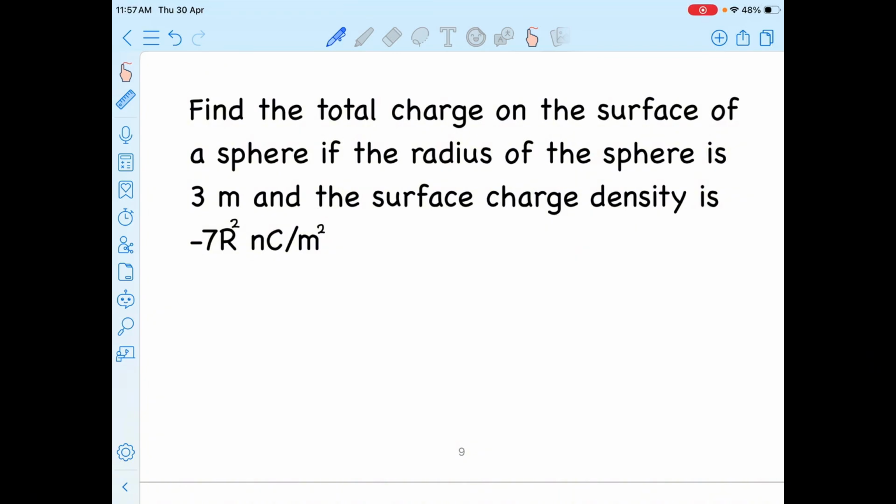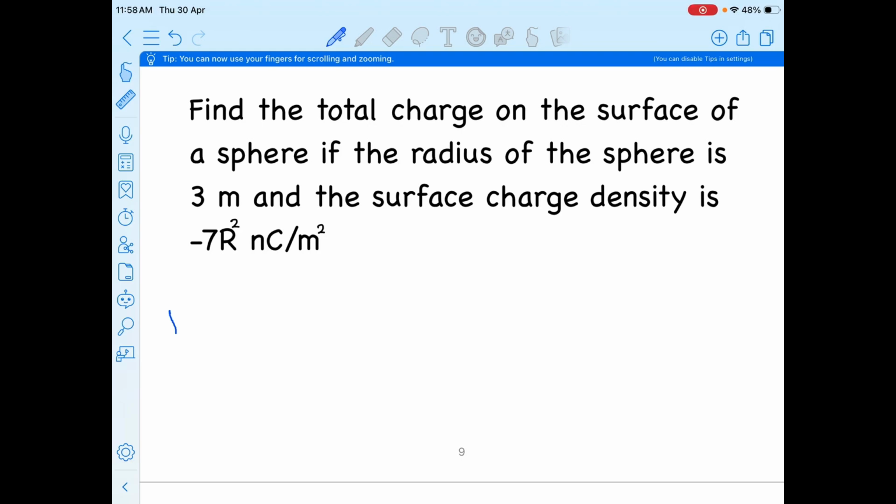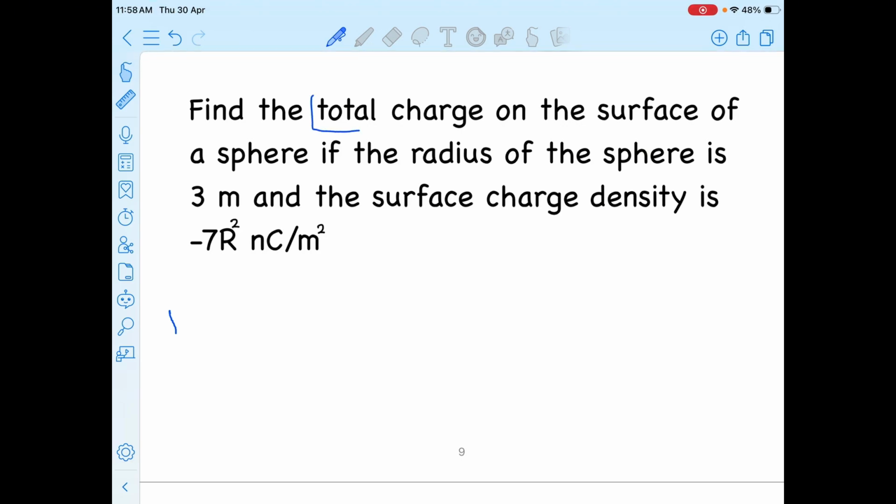Now let's look at one more example to find the total charge. This is finding the Q on the surface of a sphere. The radius of the sphere is 3 meters, and the surface charge density is -7 r square nanocoulomb per meter square.